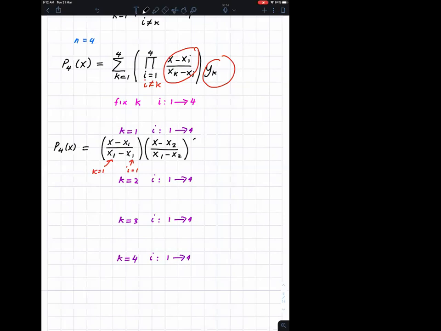And then multiply by, now next i is 3. So therefore it's going to be x minus x3. k is still 1, if you already fixed the k, right? So x1 minus x3. Then next i is equal to 4. k is still 1.